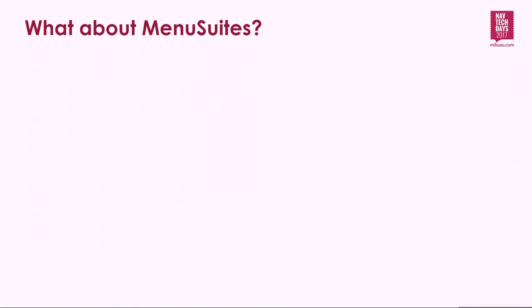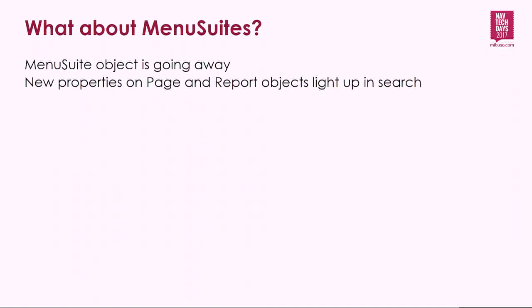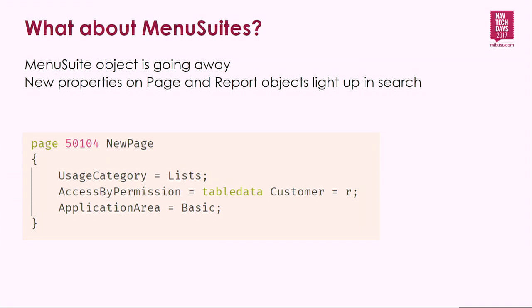staged this into phases. We still know that there's a need to be able to add to search, and that was one of the things that the menu suite did. You want to add to search, so you can search a page and find it. Basically, we want to enable that pages and reports can light up in search, so you can find them.